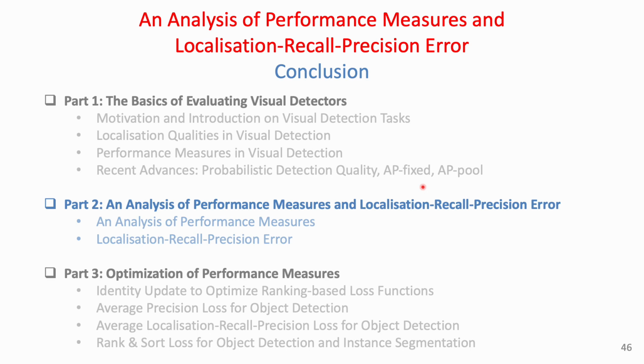Our analysis on panoptic quality indicated that panoptic quality is doing better in terms of these features. However, there are certain practical limitations with panoptic quality as well. We introduced LRP error in this part in detail as an alternative, and we showed that it does better than average precision and panoptic quality in terms of these important features.